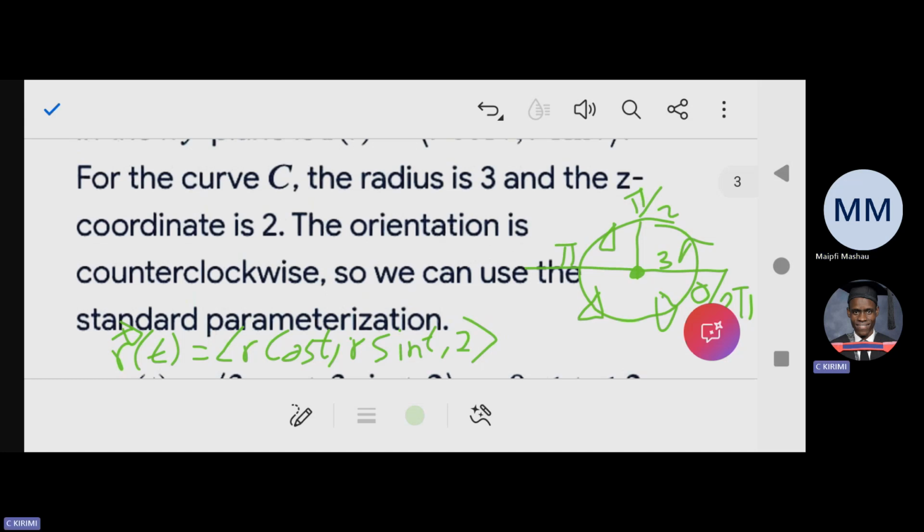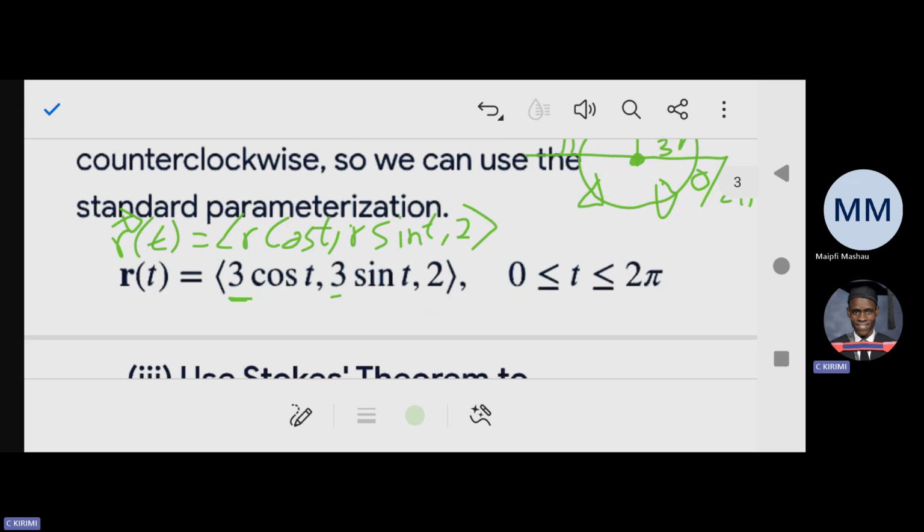That is why we are saying our range of t. Remember, instead of putting theta, when you do parametric, we use t. We don't use cos theta, we normally use t.